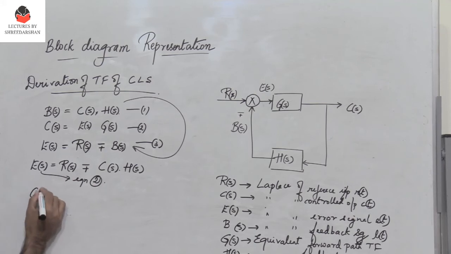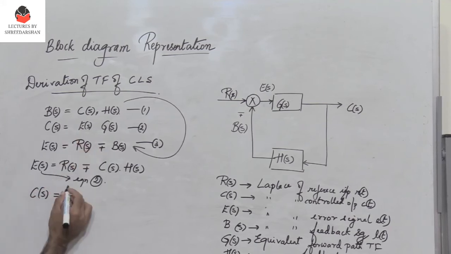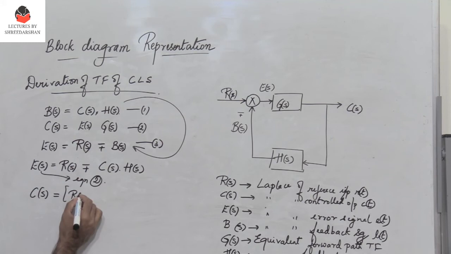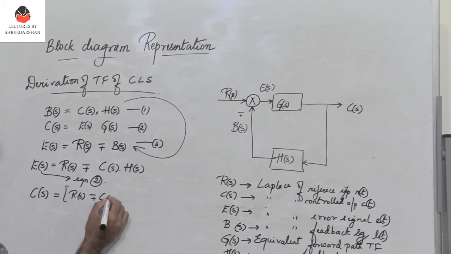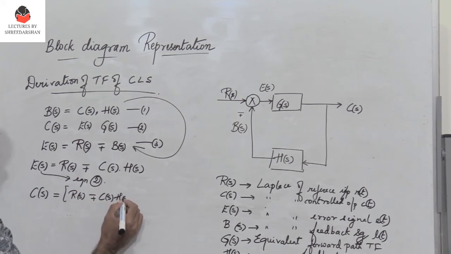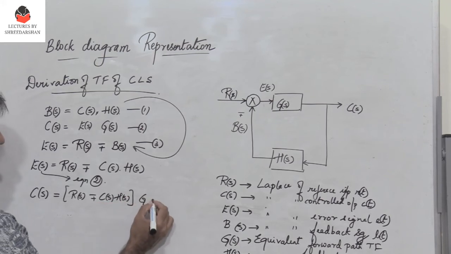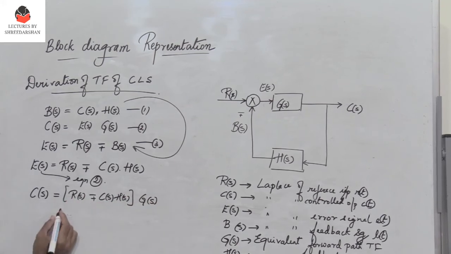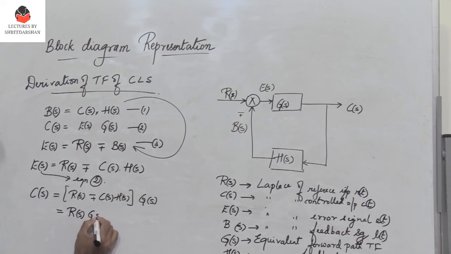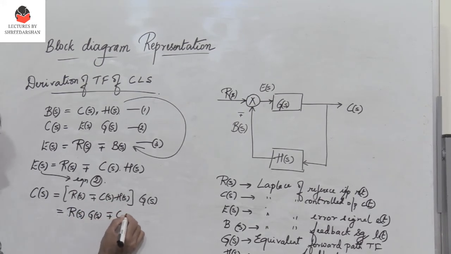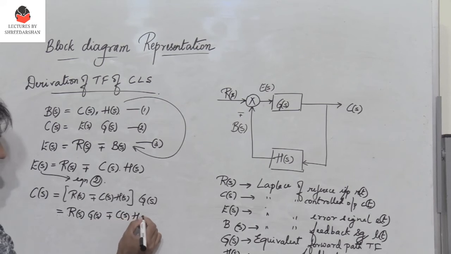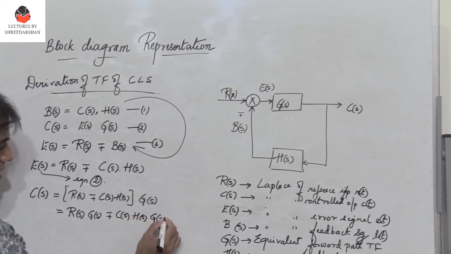So I have C of S equals E of S, which is R of S minus plus C of S H of S, into G of S. So let me remove the brackets. So I have R of S G of S minus plus C of S H of S G of S.